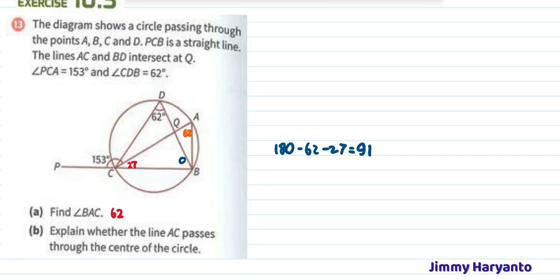So this is 91, and then the question says, does AC pass through the center or not? If AC passes through the center, that means this one will be the diameter of the circle. If this is the diameter of the circle, this one is supposed to be 90, but it is not, it's 91, so this is not true. AC does not pass through the center of the circle.